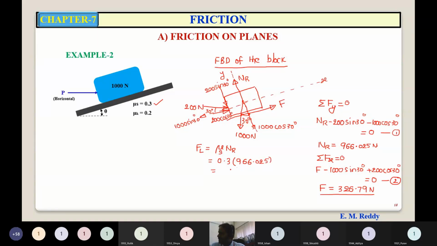So this is 289.807 Newton. As the force required to maintain equilibrium, that is 326.79, is greater than the limiting friction, the block is not in equilibrium.